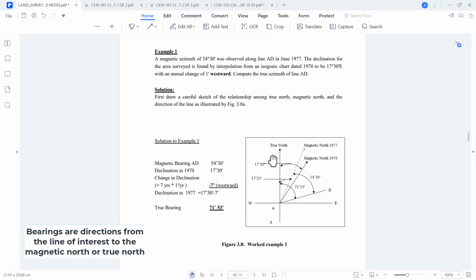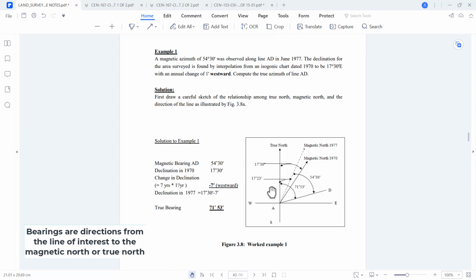So I have to subtract that small angle or that small declination that has pushed the magnetic bearing here to come back to the true north. So whenever it is a western declination, it is minus, and whenever it is a positive declination, we're talking about the eastern side. So understand these two concepts.